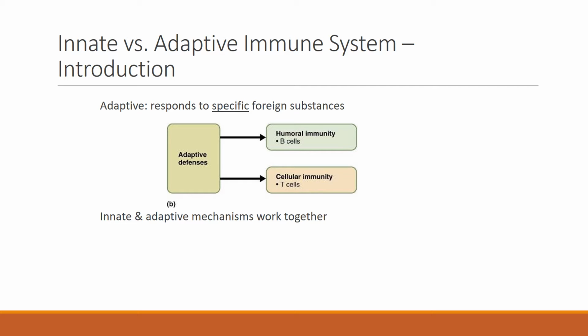And then we also have our T cells, which recognize specific antigens, and they can also induce different macrophages to help get rid of different types of pathogens, such as cancer cells as well.